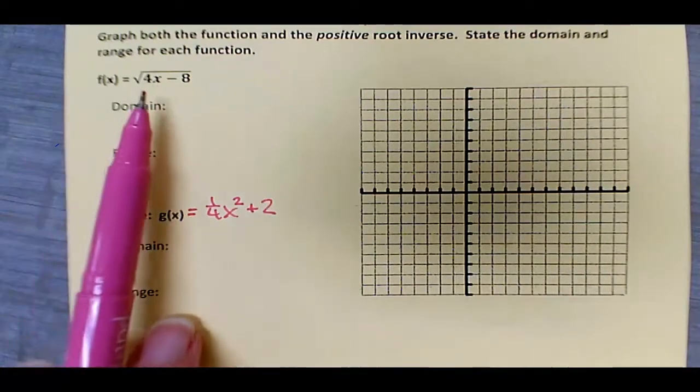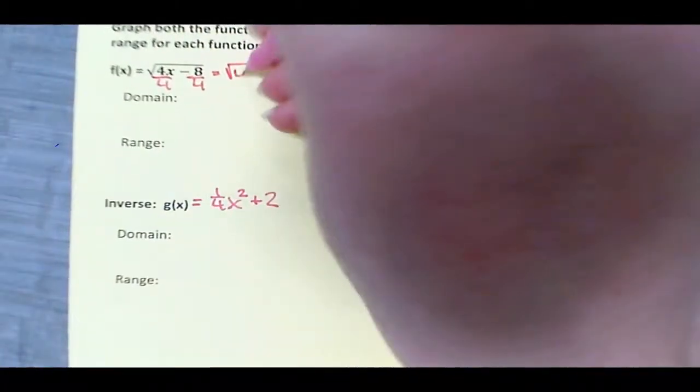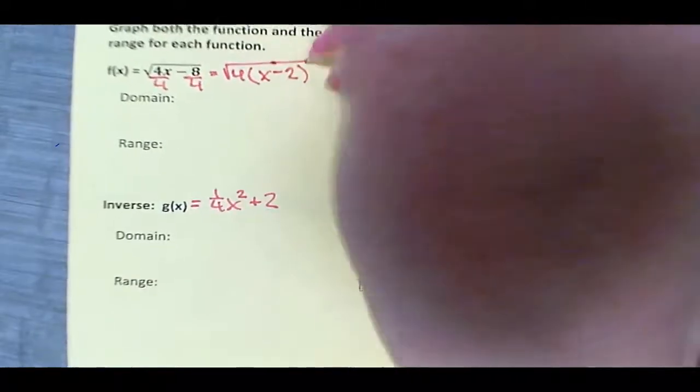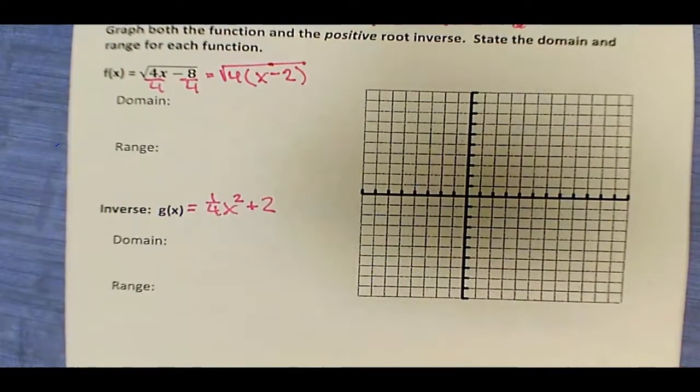Whenever you graph this one, remember that you need parentheses between the 4 and the x, so we would divide by 4 to really see what's going on with the transformation. 4x divided by 4 is x, and 8 divided by 4 is 2. So it looks like we have a shift 2 units to the right, and we have a horizontal compression by a factor of 4. So I'm going to pause the video and graph my functions.